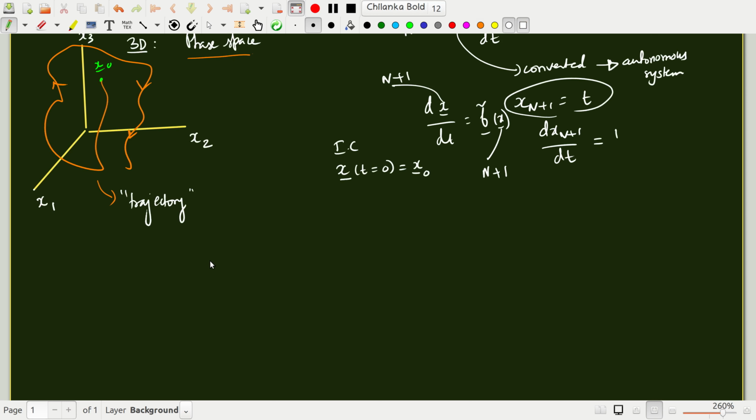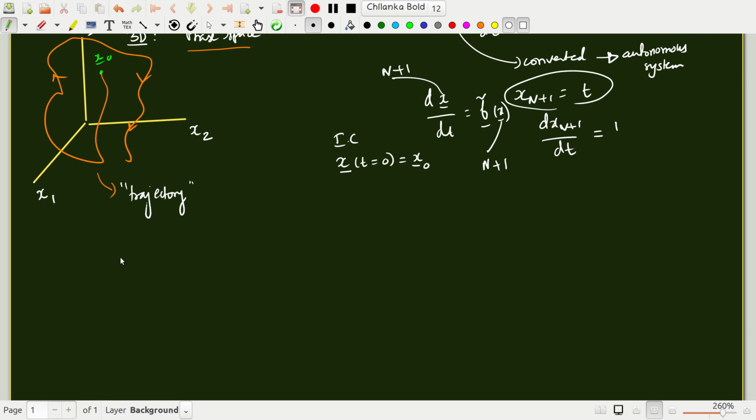Okay. Now, in order to understand nonlinear systems, we first chose the simplest possible nonlinear system, which are 1D nonlinear systems, wherein it's an autonomous system, so you will have dx/dt, the only dependent variable is x, given by f of x.